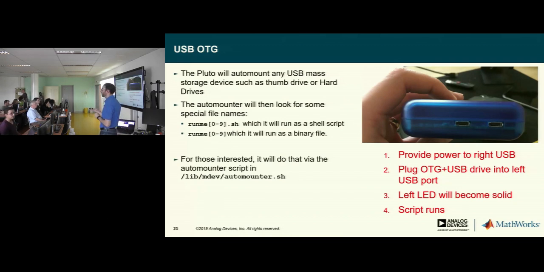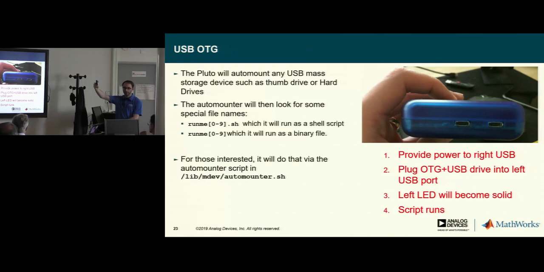Now, one thing that's also unique about Pluto is that it has two USB ports, and this is kind of confusing for a lot of people. Pluto has the ability to use OTG USB devices, or on-the-go USB devices. So what we can do is I can take Pluto, I can plug power into the leftmost USB port, and that will just power the device.